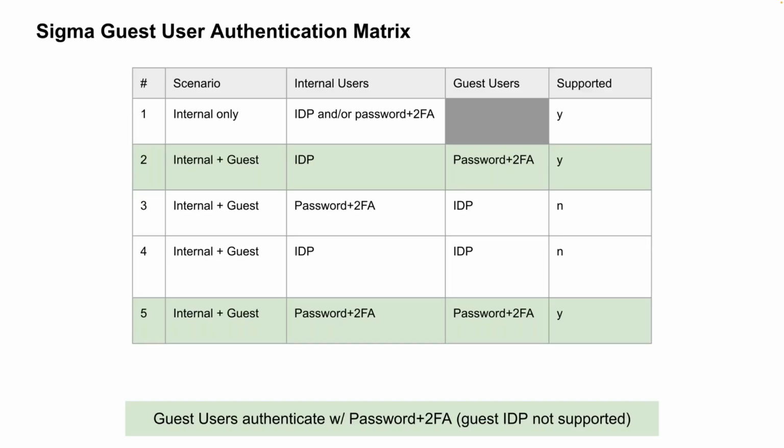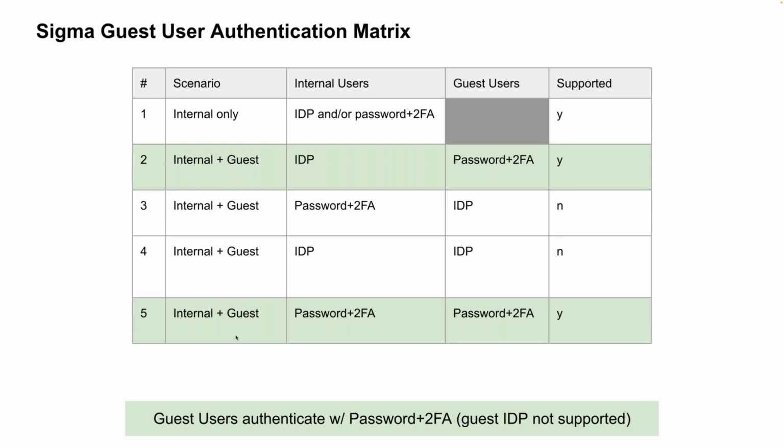This is what it looks like, different kinds of scenarios. If you have internal and guest users, where internal are just regular Sigma users that are part of your company, options 2 and 5 are the most likely scenarios when you have internal and external guest users. Scenario 2 says, I'm using my identity provider, like Okta as an example again, for my internal corporate users, and then my guest users will authenticate with password plus two-factor authentication.